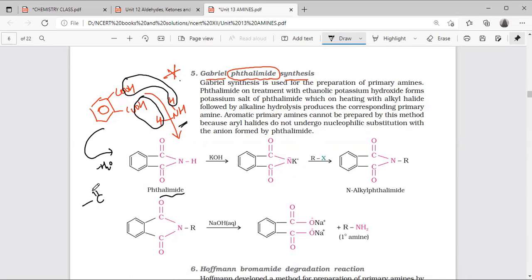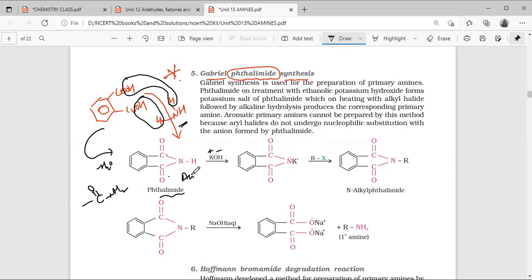Actually, the amide functional group is C double bond O, NH2. Here C double bond O, C double bond O, NH2 type is there. Phthalimide, the source is phthalic acid, so it is called phthalimide. Then what we are doing here, we are reacting with KOH.